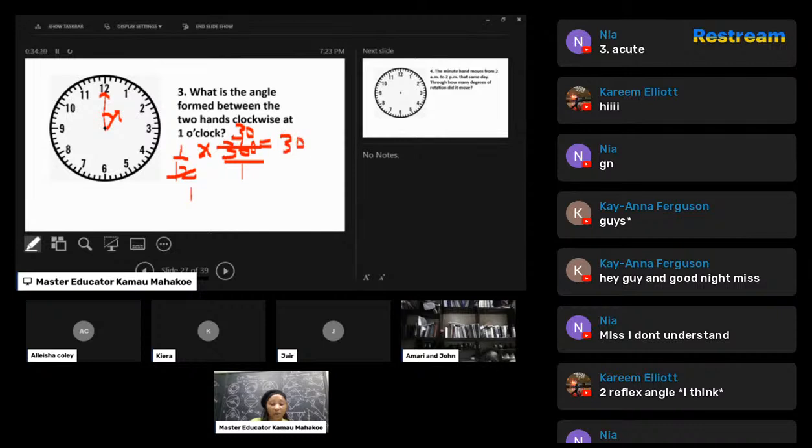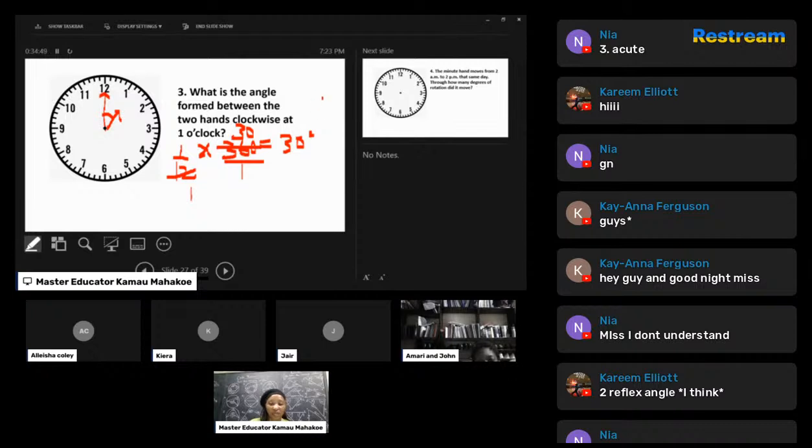And suppose we had wanted to find the anti-clockwise angle that would go this way, this reflex angle here. How would we find that quickly? I'm not talking about going the long way.